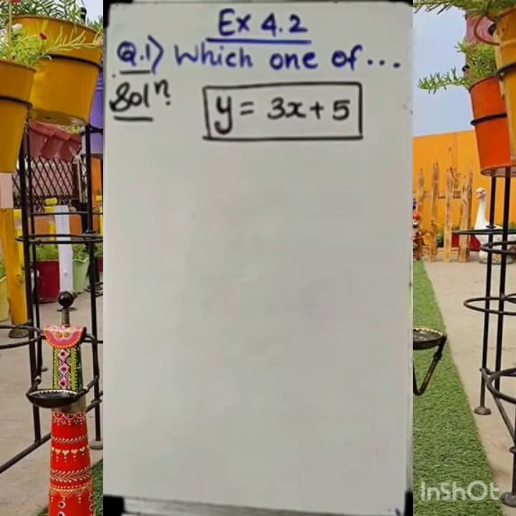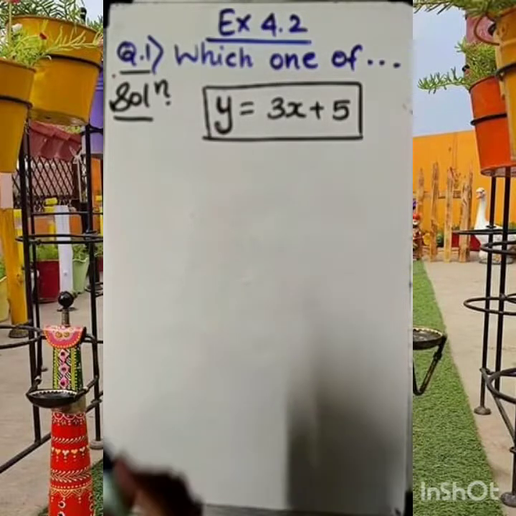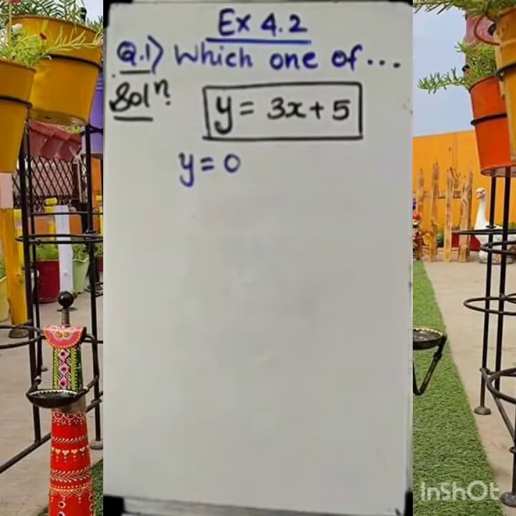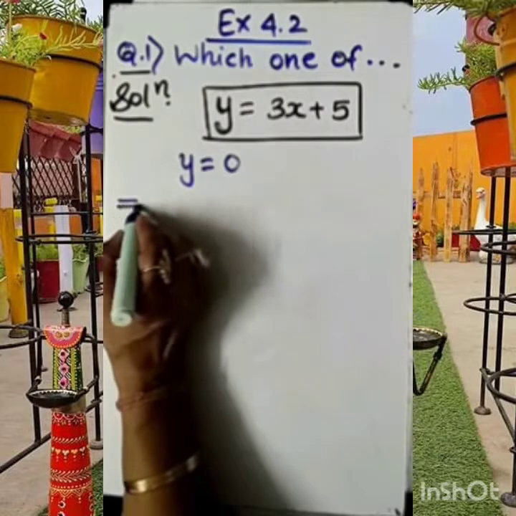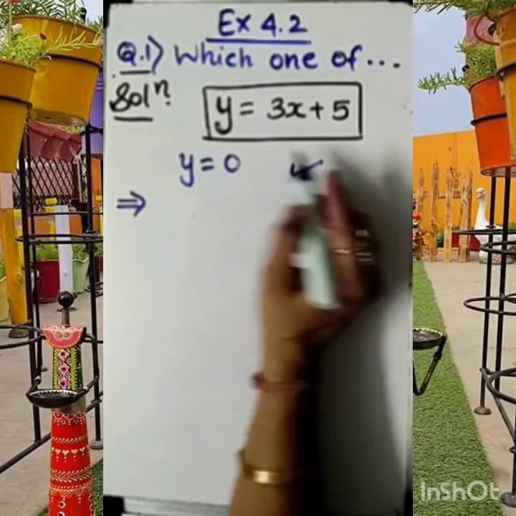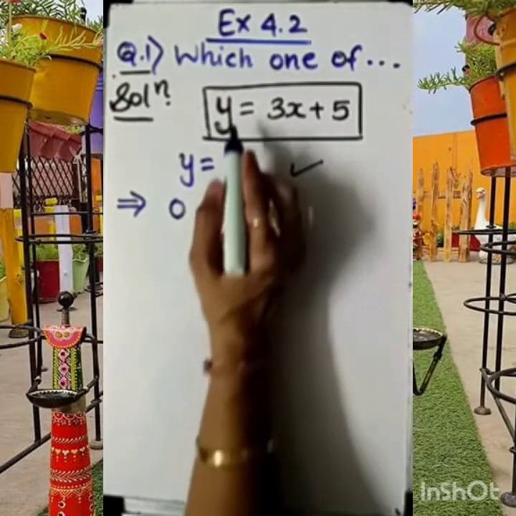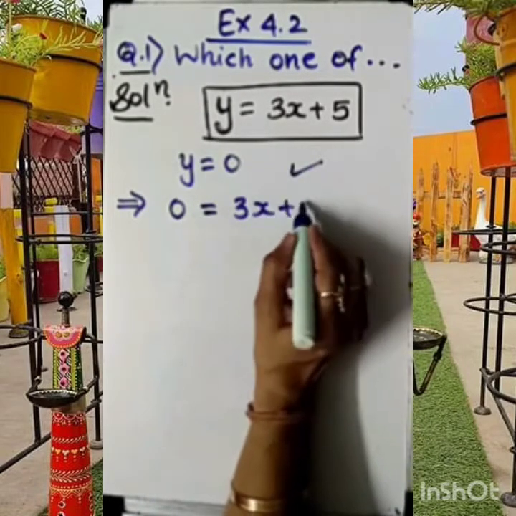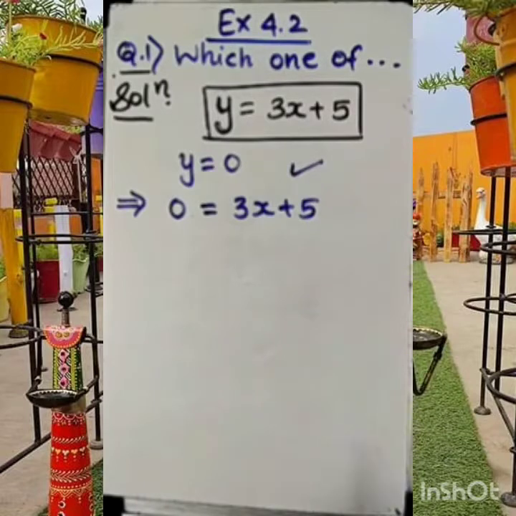In this given equation, I am considering y equal to 0. Suppose I am choosing y equal to 0, then in place of y I am writing 0 equal to 3x plus 5. Then what will be the value of x?